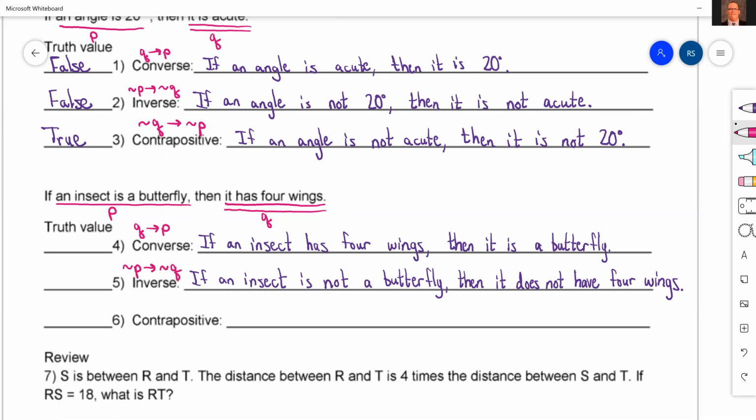And then the last one, contrapositive, that's the one where you're so extra. We gotta flip it and say no to everything.